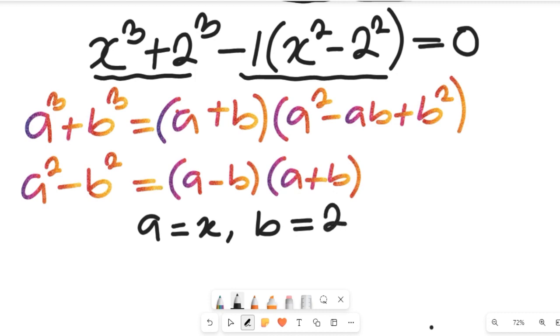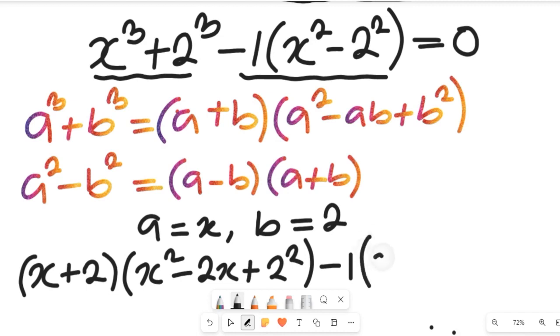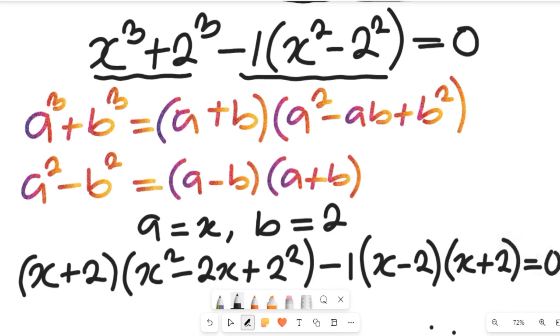So if we apply that, we are going to have that expression to be x plus 2, right, on this side, and this will be multiplied by x squared minus 2x plus 2 squared, right, and this will be minus 1 multiplied by x minus 2 and all multiplied by x plus 2, and this will be equal to 0.